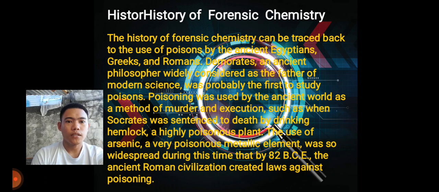The use of arsenic as a very poisonous metallic element was so widespread during this time. By 82 BCE, the ancient Roman civilization created a law against poisoning. Mao to sa namo nang taghimuan ng law against poisoning.